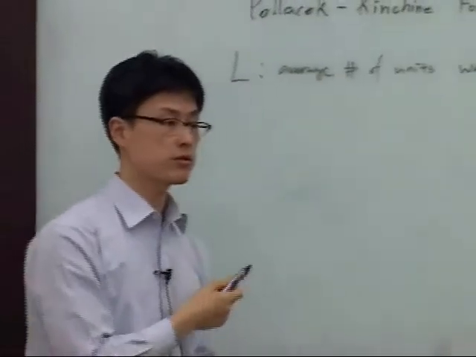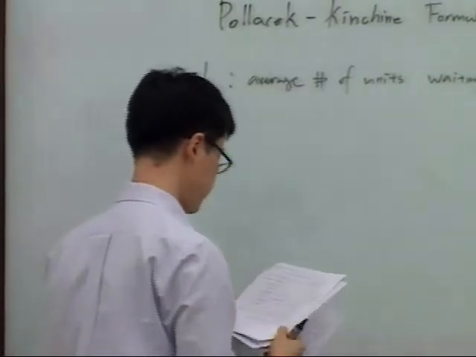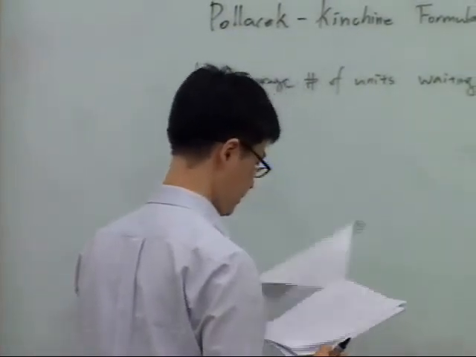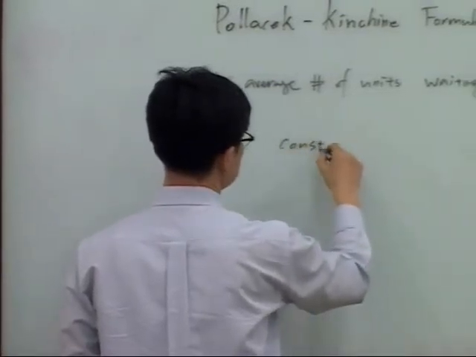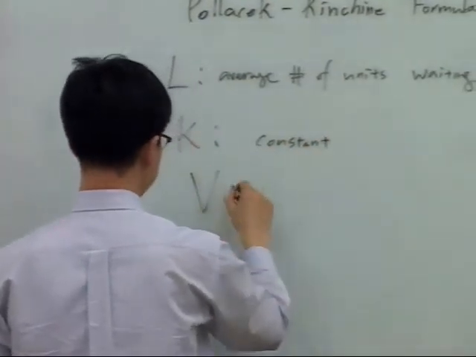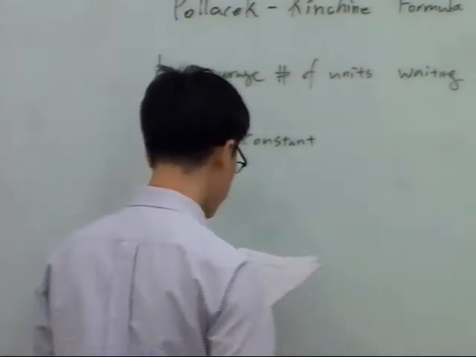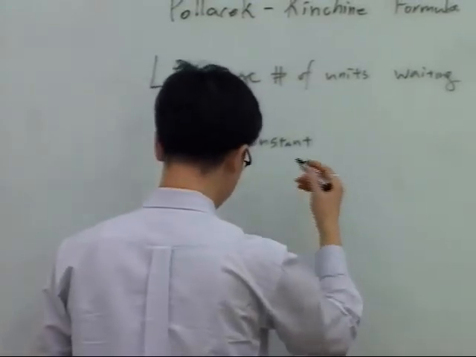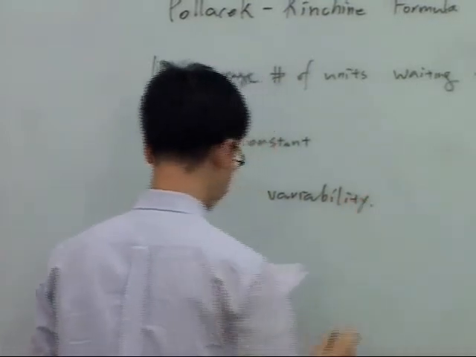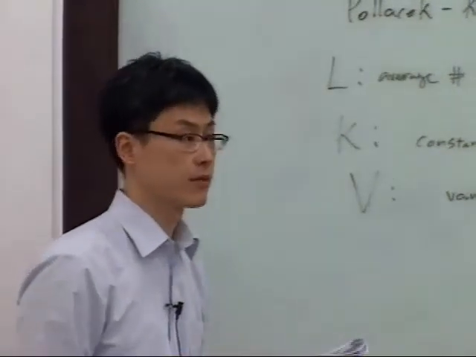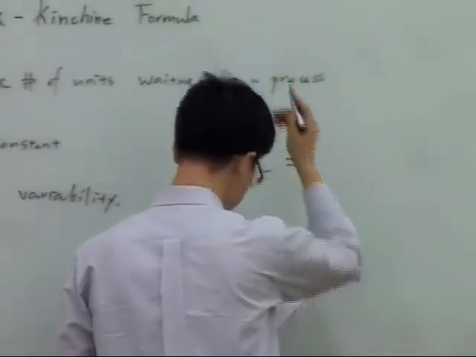In other words, this is the queue, in the queue or working process, WIP. Let's say K is some constant. Let's say V is some measure of product or process variability. Okay? And they proposed this model.